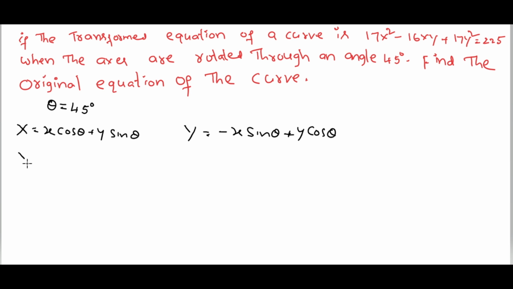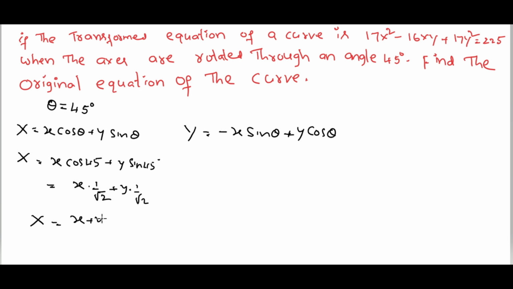Substituting theta value, that is capital X is equal to x cos 45 plus y sin 45 degrees, that is small x into cos 45, that is 1 by root 2, plus small y into sin 45, 1 by root 2. Therefore capital X is equal to (x + y) by root 2.